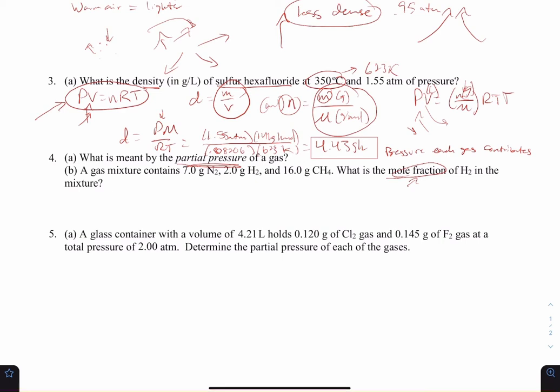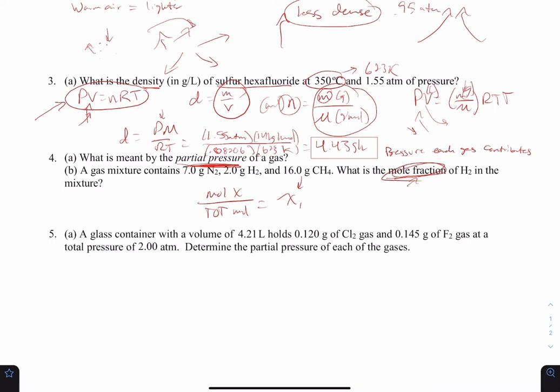But overall, the partial pressure really is dependent on the mole fraction, meaning however many moles of my gas X, over the total amount of moles, that's going to be my mole fraction. We use the symbol chi for the mole fraction.